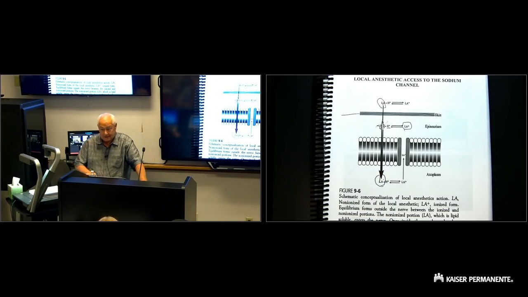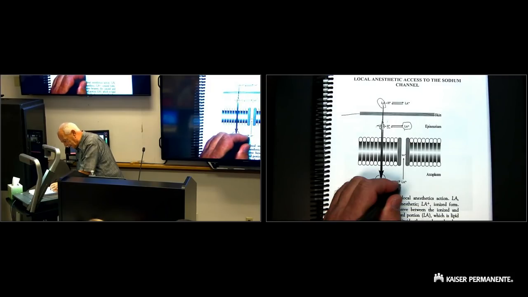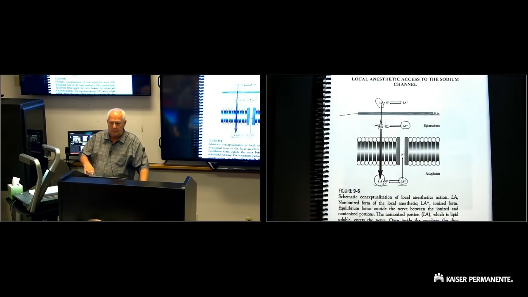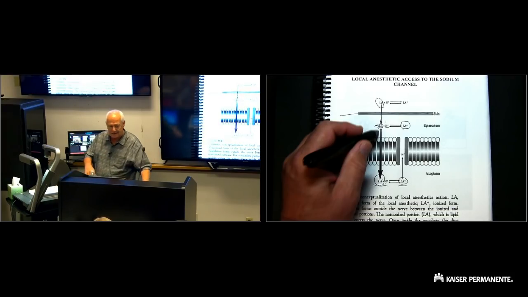The pH inside the nerve is whatever it is, so it combines with hydrogen ion, and some of it can ionize. So it's showing here, inside the nerve, it exists as both non-ionized and ionized. All right, so let me stop and go back for a second. It's the non-ionized fraction that penetrates the nerve and gets inside.